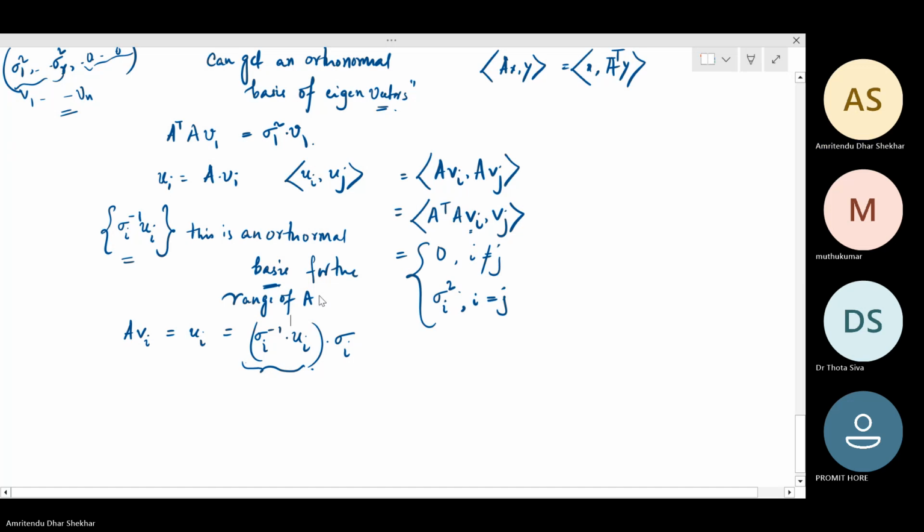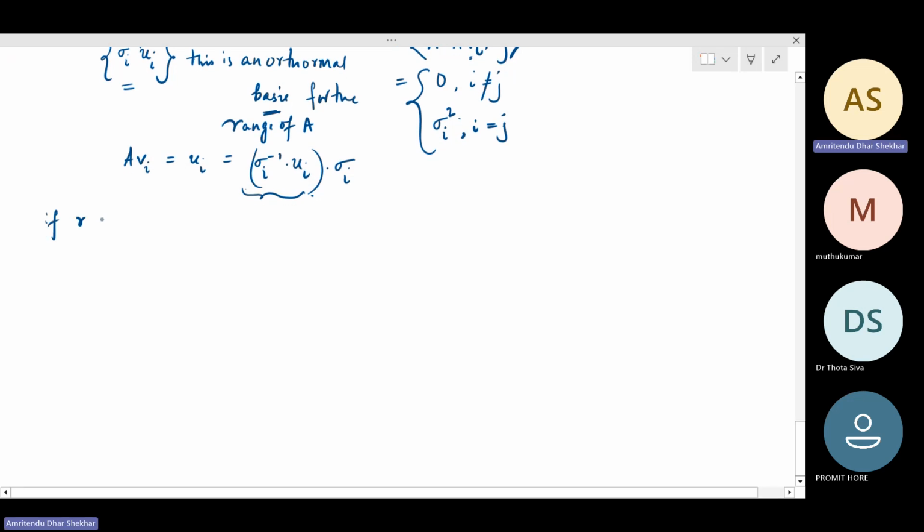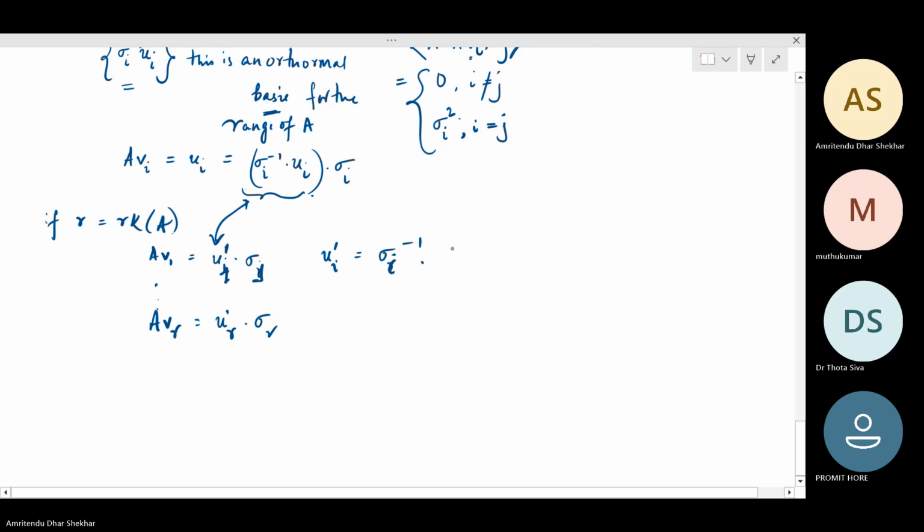But basically from this expression, if r is the rank of A, then I can find these vectors: A V1 equals U1 prime times sigma 1, up to A Vr equals Ur prime times sigma r, where Ui prime is equal to sigma i inverse times A Vi, for i from 1 to r.